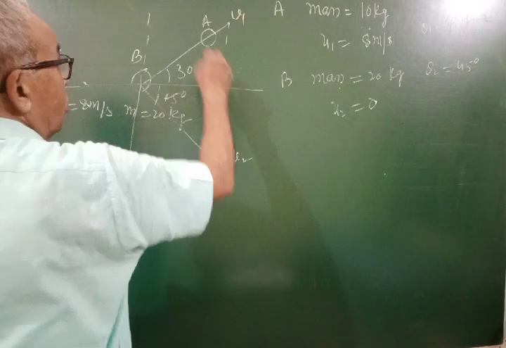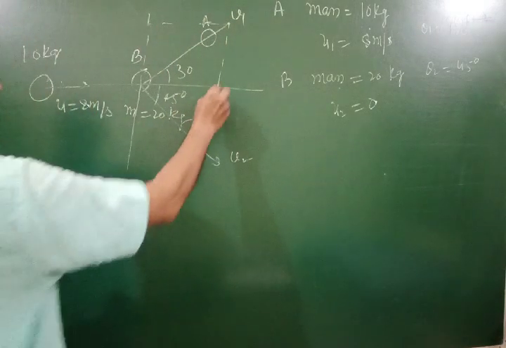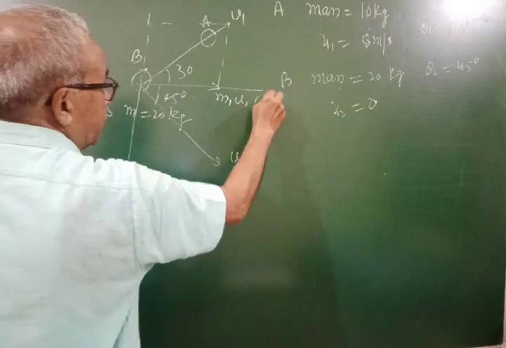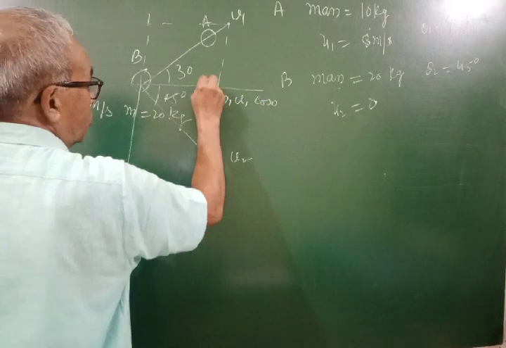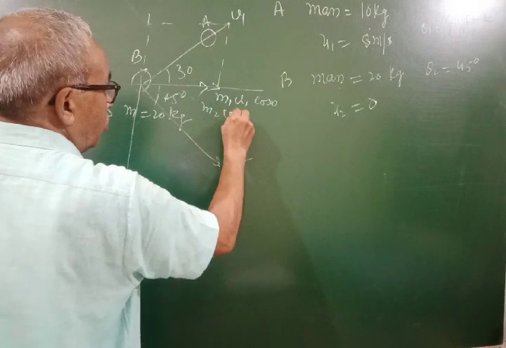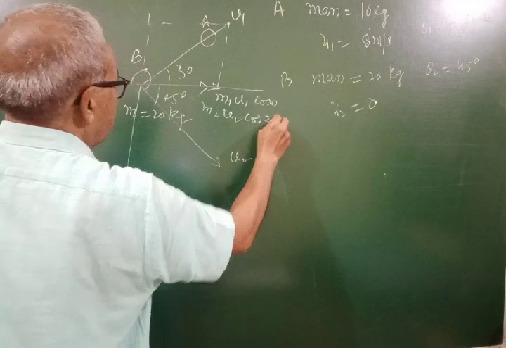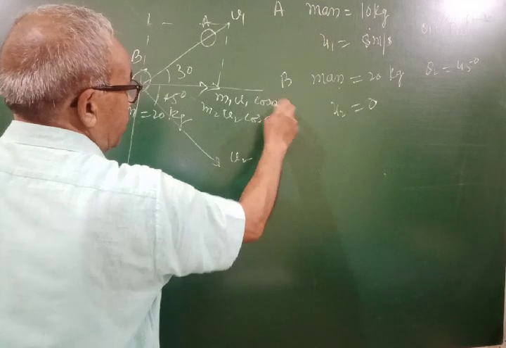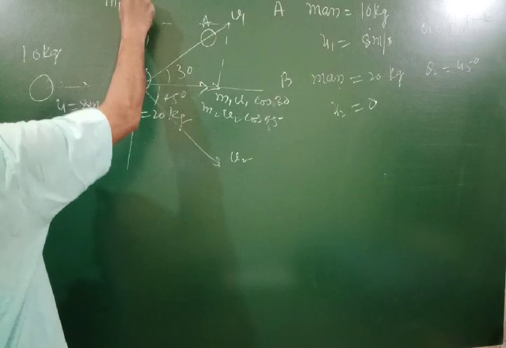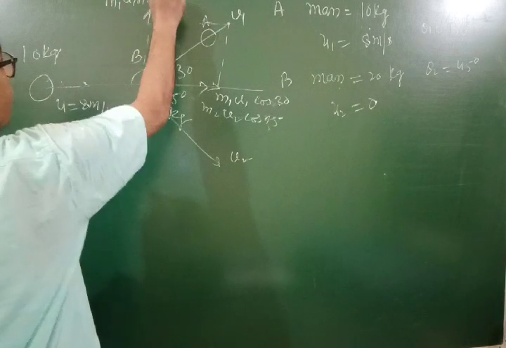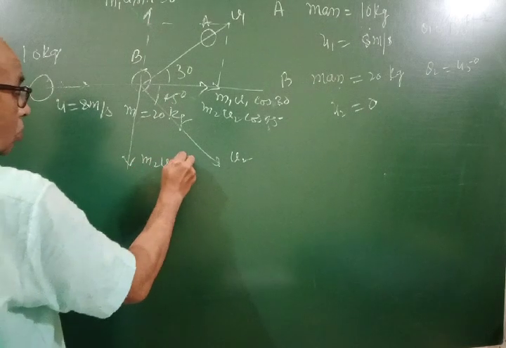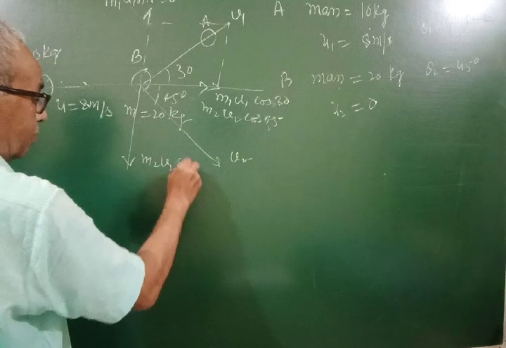So here you can solve by taking components: M1 V1 cos 30 and M2 V2 cos 45 along the initial direction, and M1 V1 sin 30 and M2 V2 sin 45 in the perpendicular direction.